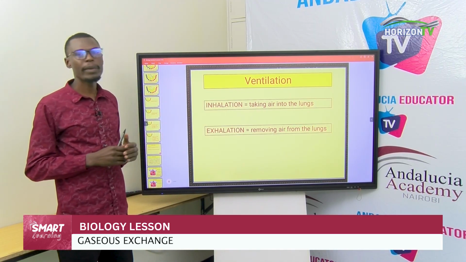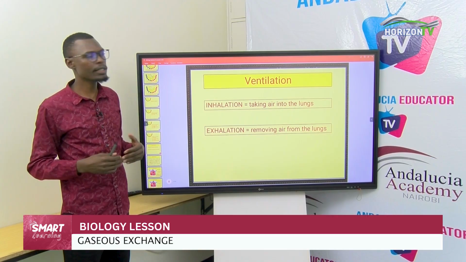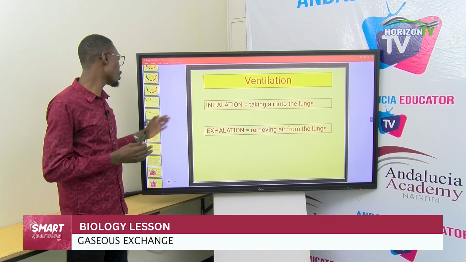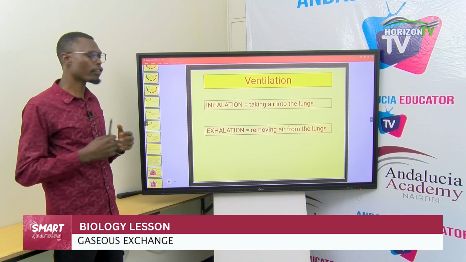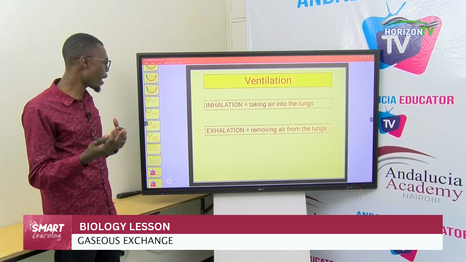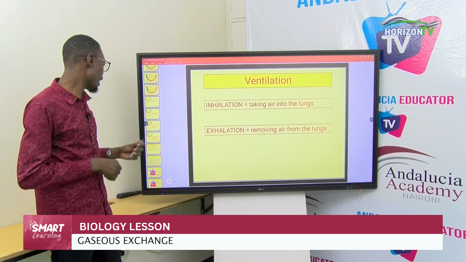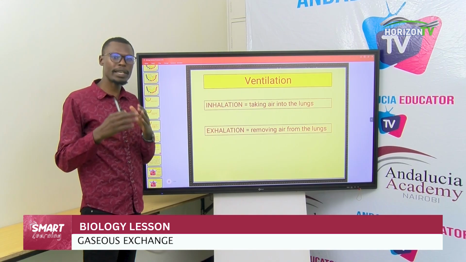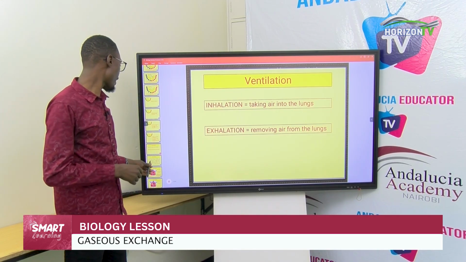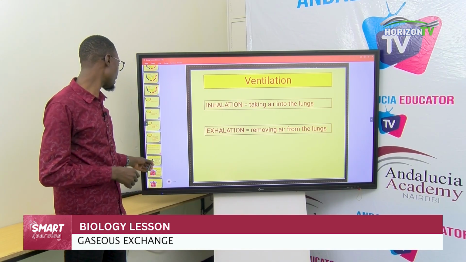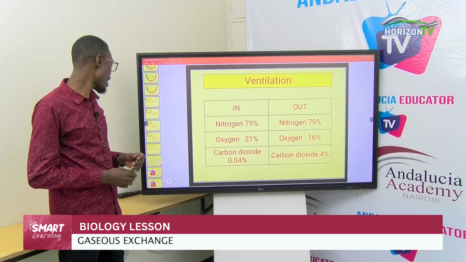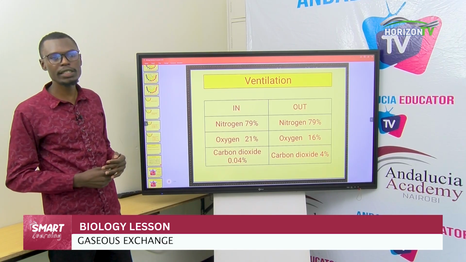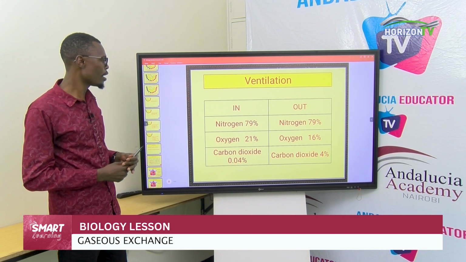Some oxygen will remain, and the remaining oxygen will just come out. Not all the carbon dioxide from the body will be able to diffuse into the lungs. So we will check the percentage concentration of these gases that you inhale and the ones that you exhale.